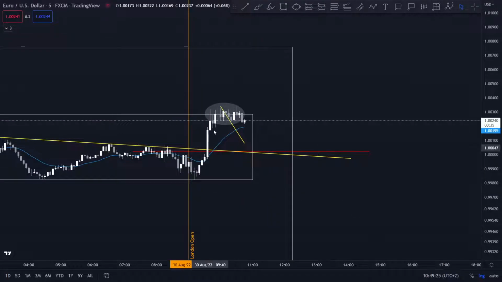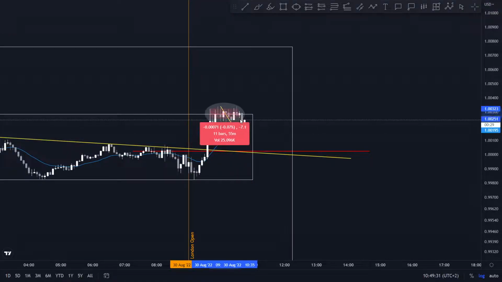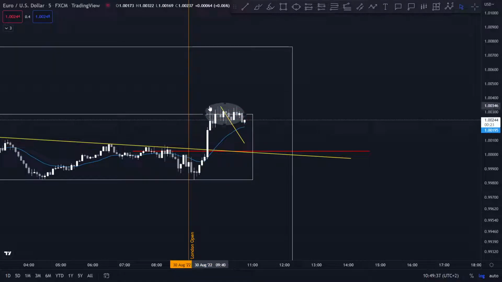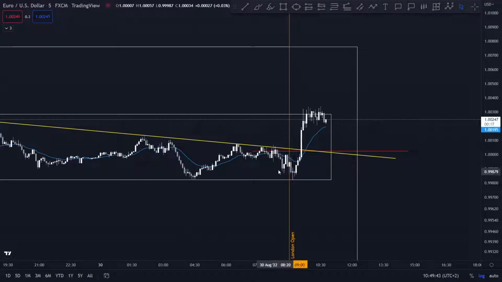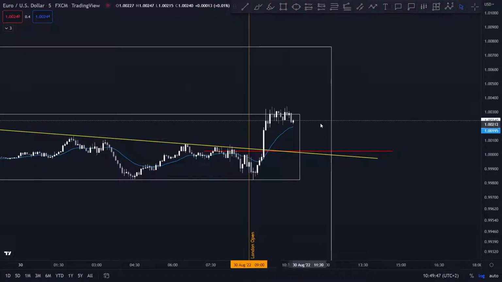Now I'm assuming that this is a bull flag, this is the buy climax, and this has been going sideways for 13 bars now. So it's still relevant to the bull flag.